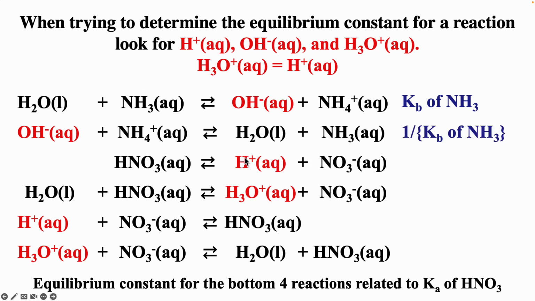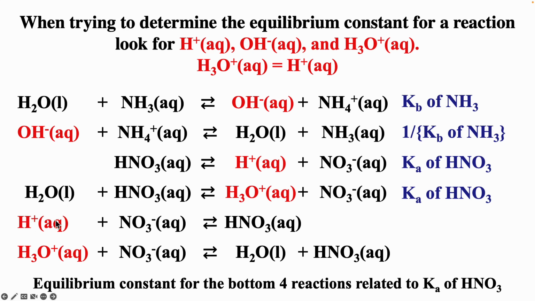For this one, we see hydrogen ion as a product, so that makes us think about Ka, and that would be Ka of nitric acid. Here we have hydronium ion as a product, and so again that's going to be a Ka of nitric acid. For these two reactions, they're exactly equivalent because hydronium ion and hydrogen ion are the same thing, and pure solids and pure liquids do not appear in equilibrium expressions.